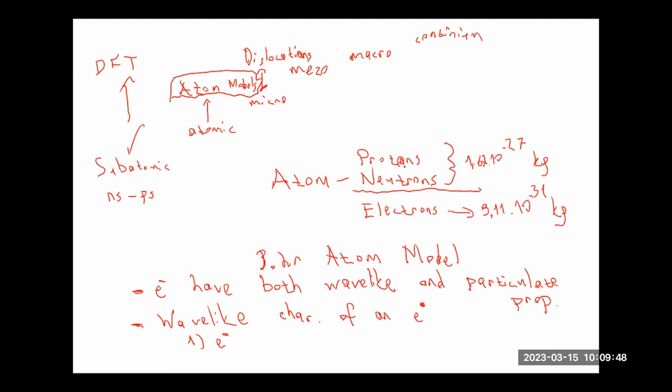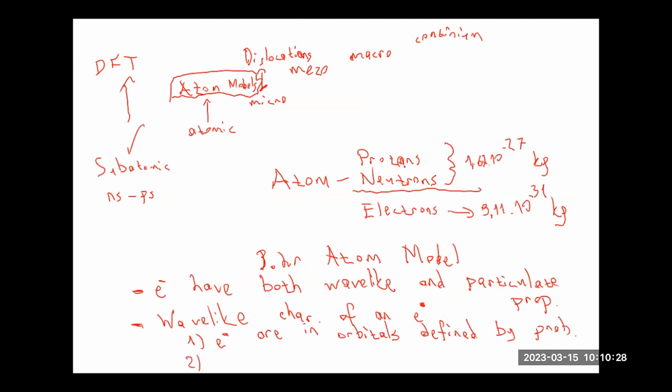So we have a probability function, and this function can be used to calculate the probability of finding any electron of an atom in any specific region around the atomic nucleus. So they are in orbitals which are defined by a probability.